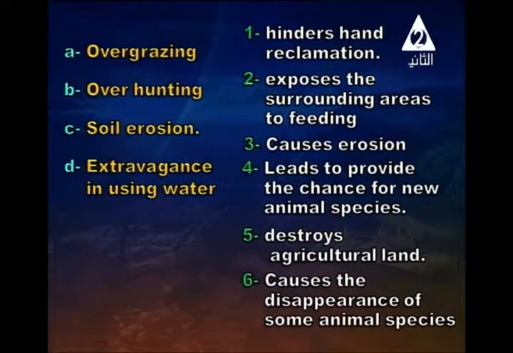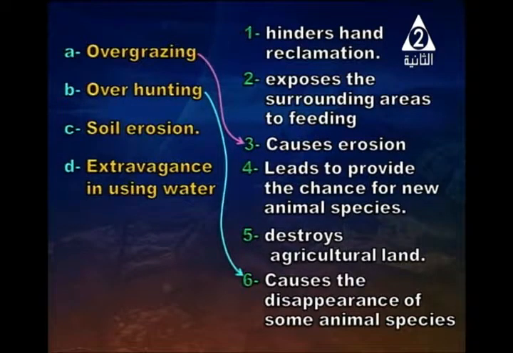As you see, my dear students, among the 6 effects here, one causes the disappearance of some animal species. Now we have to match between the two columns. On the left we have factors and on the right we have effects. Let's see overgrazing. Overgrazing is causing erosion because it leads to deteriorating the soil from plants and makes it liable for erosion.